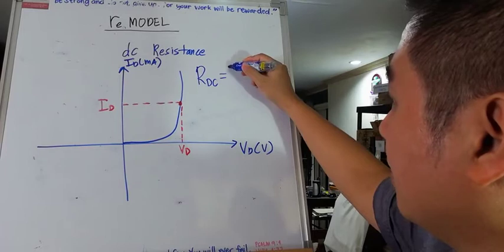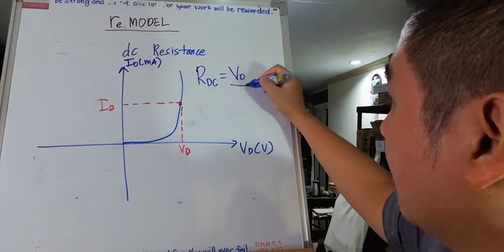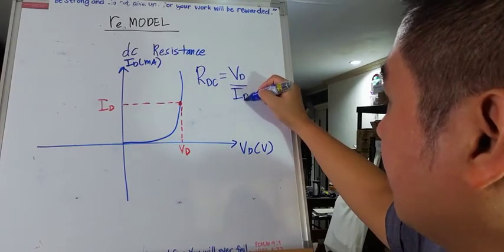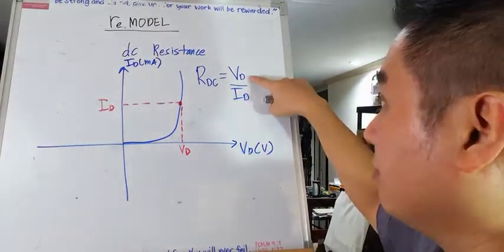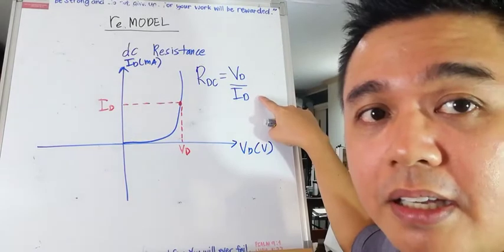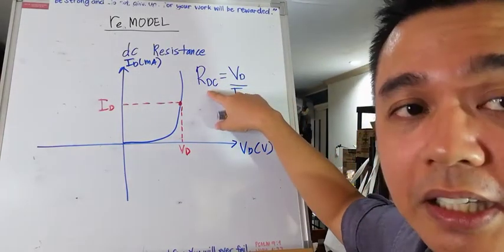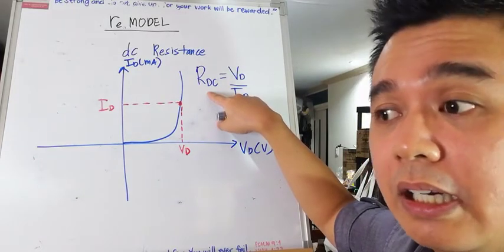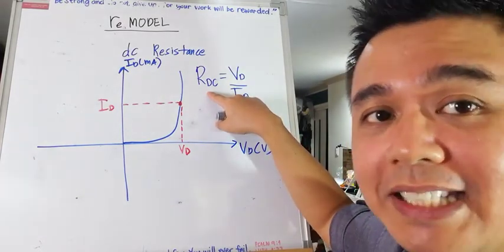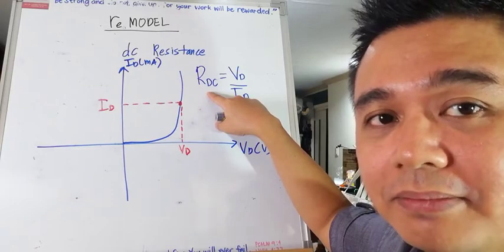That is just equal to V sub D divided by I sub D. Alright. Fixed yung ating V sub D, fixed din yung ating I sub D, therefore fixed din yung ating R sub DC. So hindi siya nagbabago. This is called the static or the DC resistance.